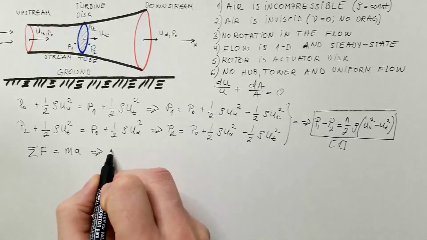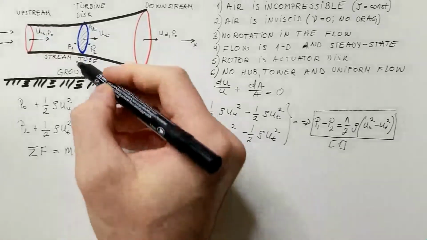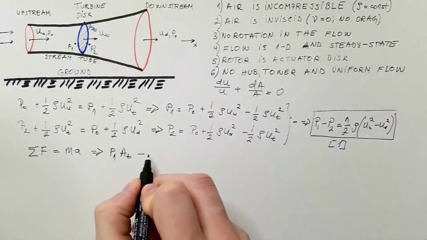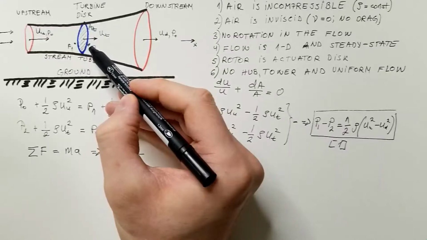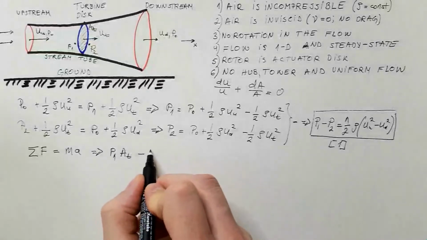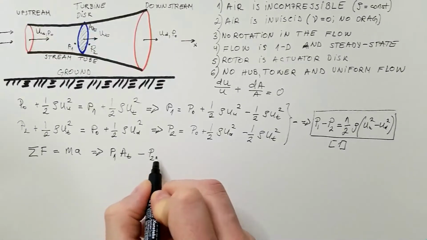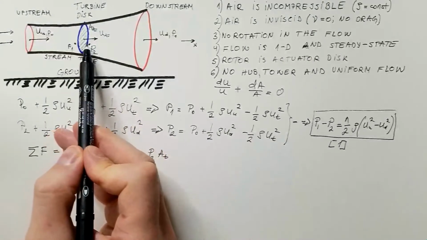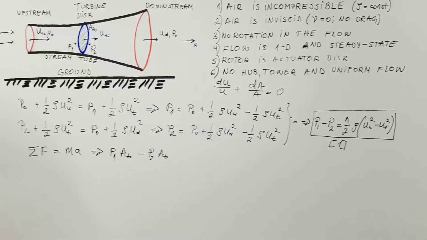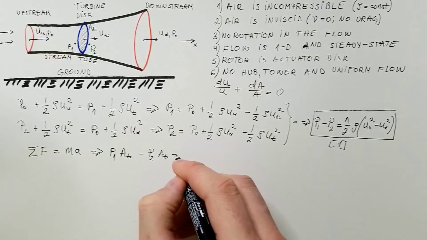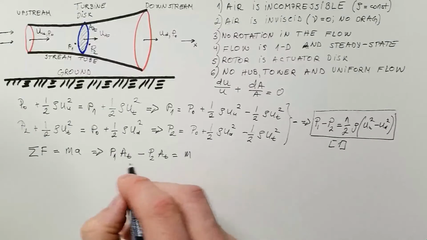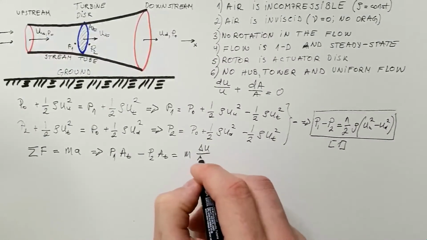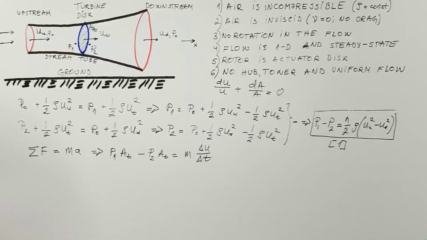So that means P1 times the area of the turbine disk AT, minus the pressure here, P2, so the force is minus P2 AT. Why minus? Because in this case the force is acting in the opposite direction of the positive x direction, is equal to mass times acceleration, but acceleration is the change of velocity over some interval of time delta t.